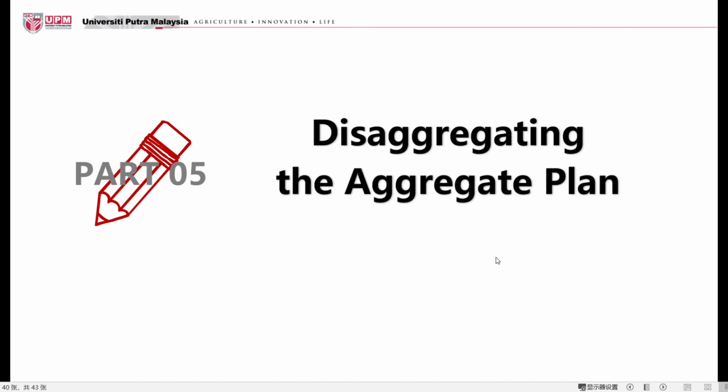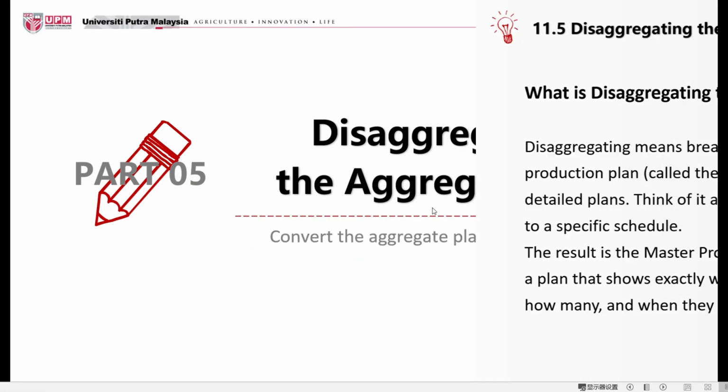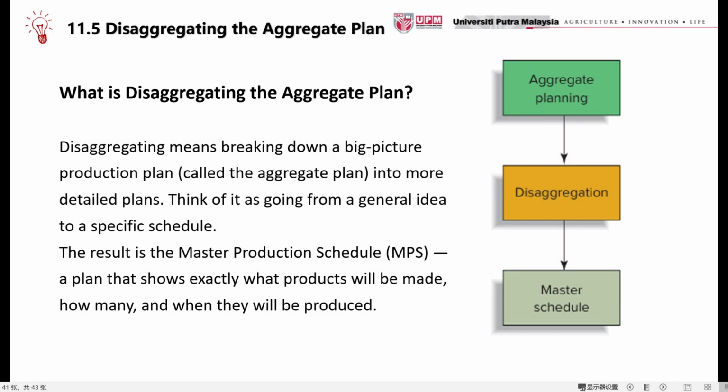In the last point, I will introduce disaggregation of the aggregate plan. We cannot just use the aggregate plan in companies, because if we only have the aggregate plan, we don't know how many products we need to make or how many materials we need to buy.